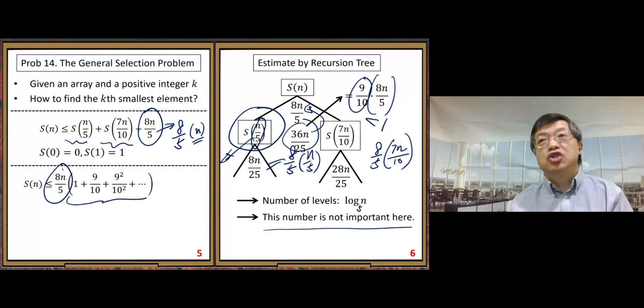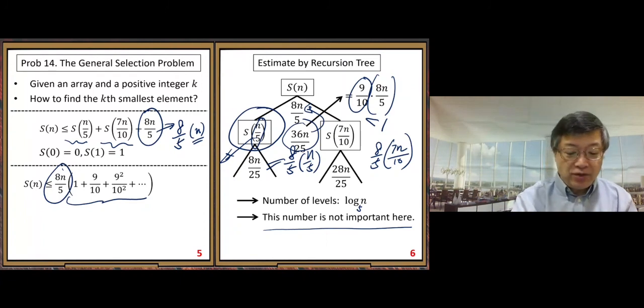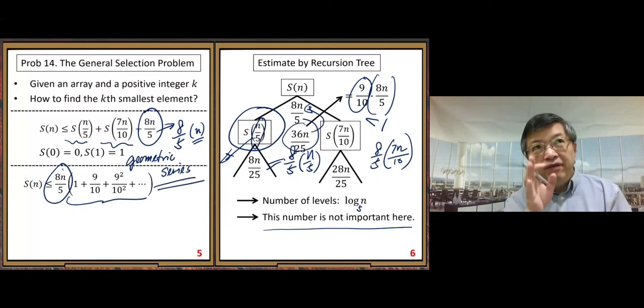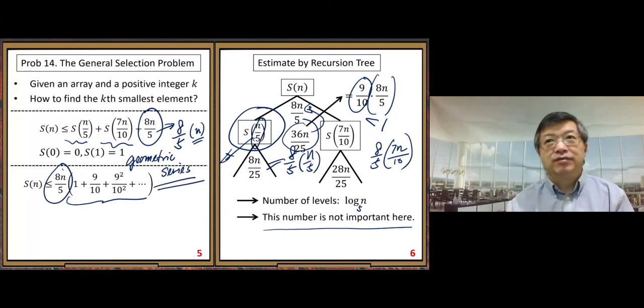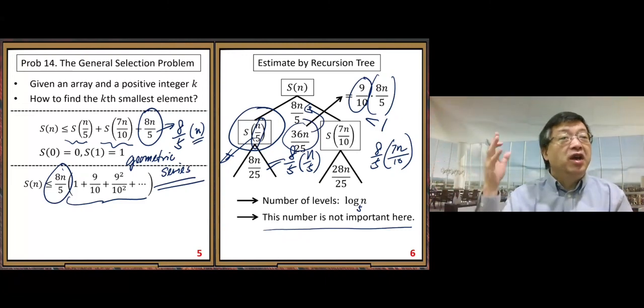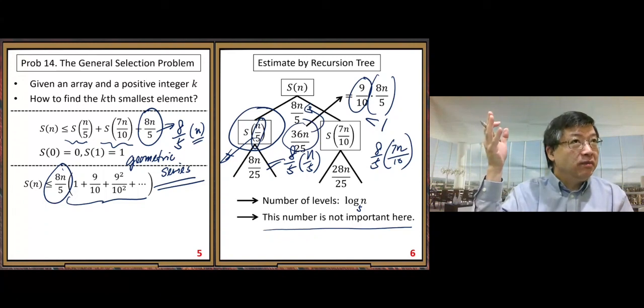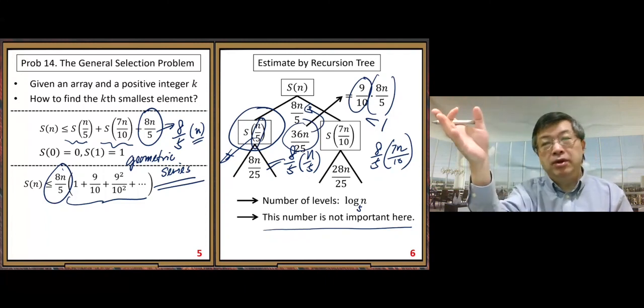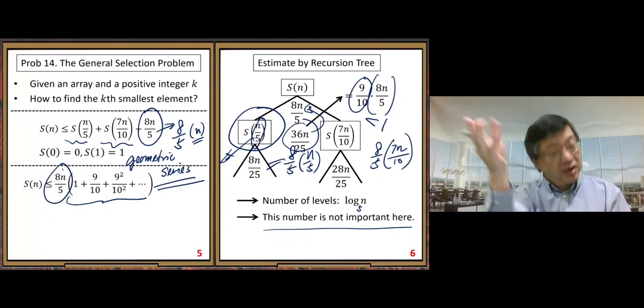Why? Because this is a geometric series, and this geometric series converges pretty fast. If it converges very fast, we don't worry about the number of terms. Even with infinitely many terms, we get it to converge to a certain number quickly.